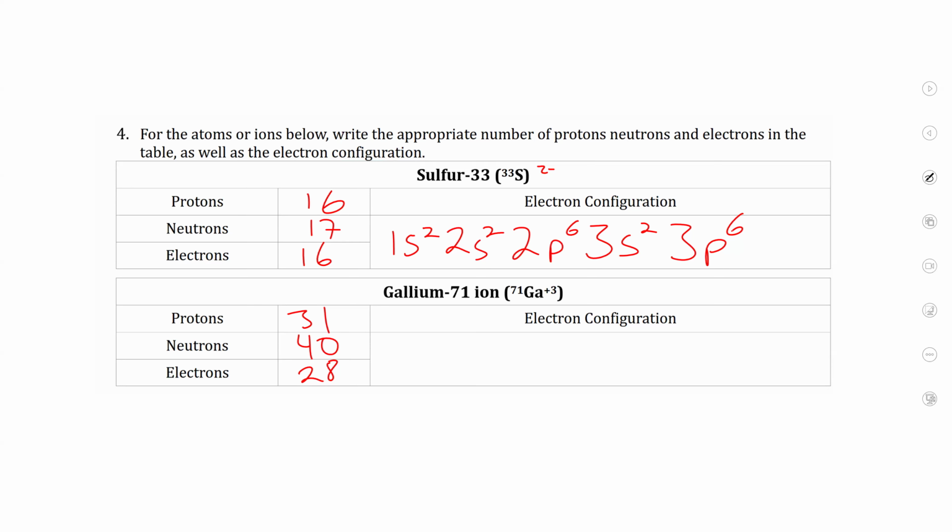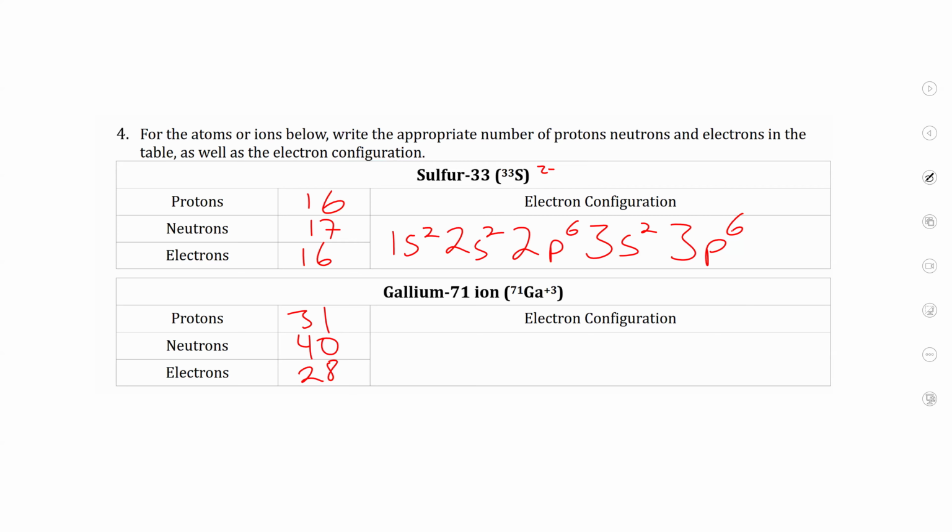So then gallium. When are we allowed to use our noble gas shorthands? When it's past argon, when it's got more than 18 electrons. So for gallium, if we wanted to use the shortcut, we could.